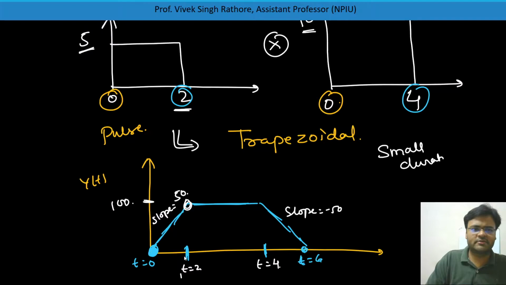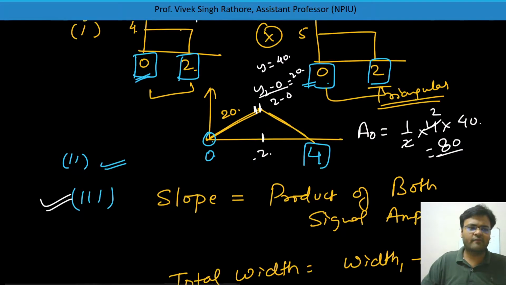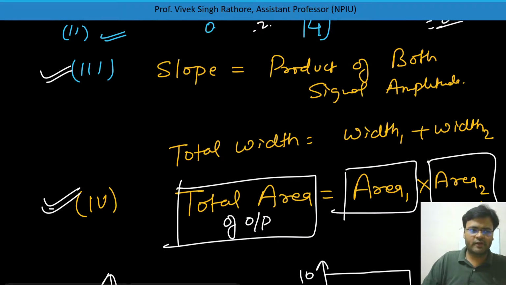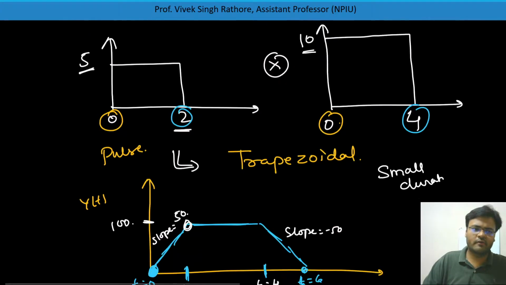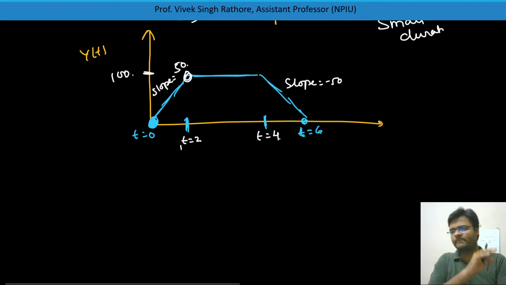This width plus this width is equal to total width, this area into this area is equal to total area, and this into this product will be the value of slope, and everything apart from this triangular pulse, the conclusion which we have drawn from here, we are getting here also. So maybe this solving technique you must have understood and you must have known it.